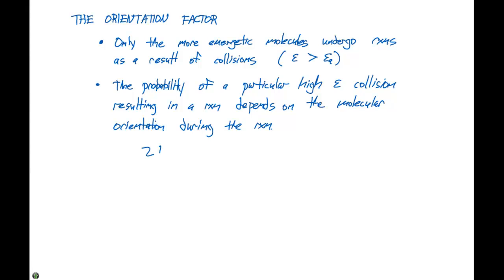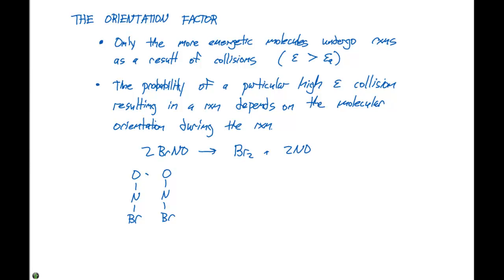If we have two BrNO molecules, they can collide together to become Br2 plus 2NO. And there are three ways in which this molecule can collide. The first is, here we have ONBr and ONBr. So we have two molecules.